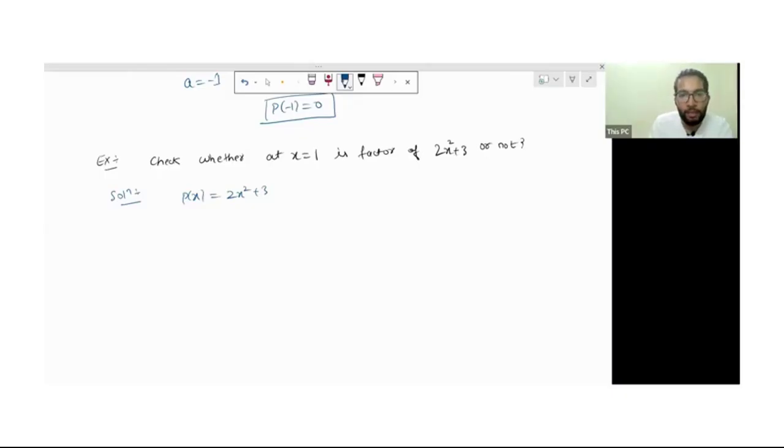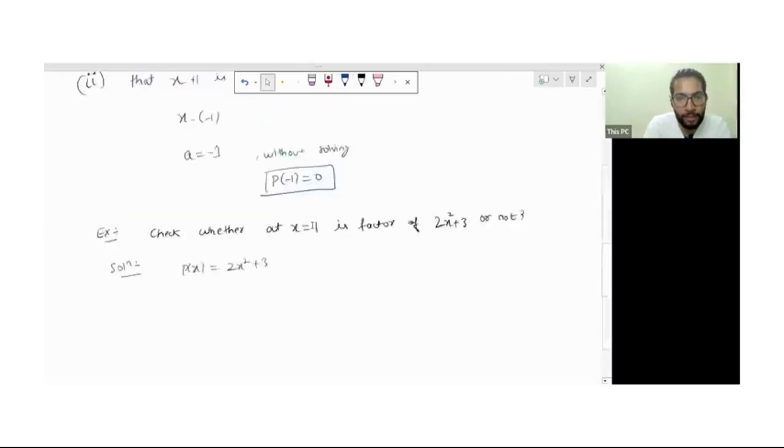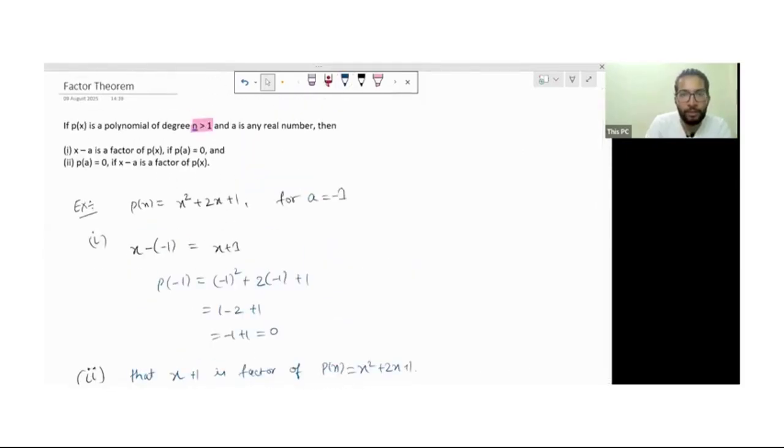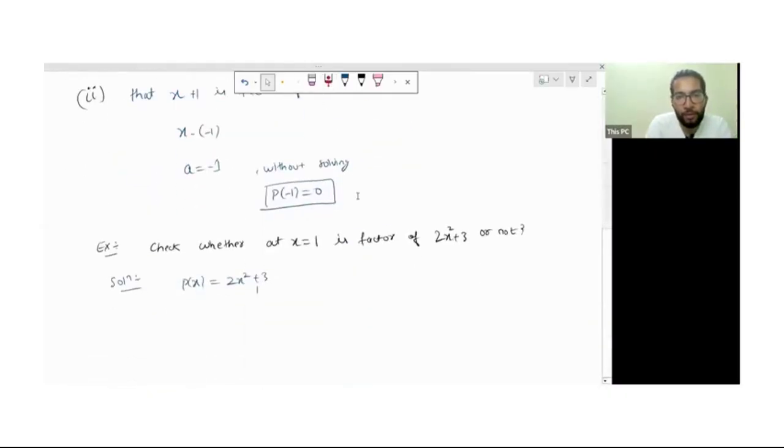If we are saying x minus 1 is a factor, then what is the implication? Read in the definition: if x minus a is a factor of p(x), then p(a) is equal to 0. So if x minus 1 is a factor of this p(x), then p(1) should be 0. We have to check this.